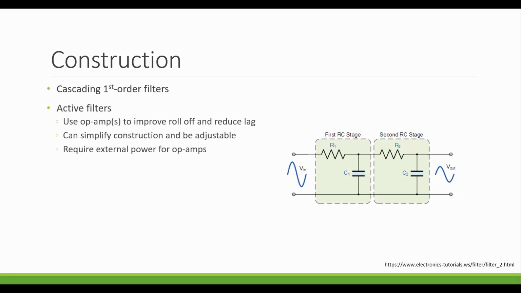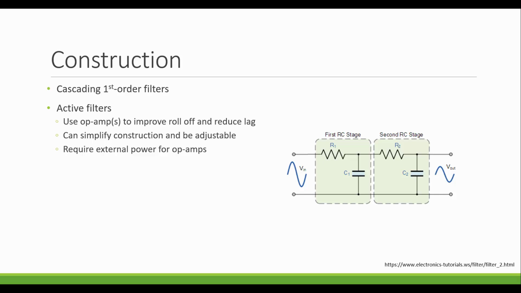One thing we can do instead of using these passive filters to combat this trade-off is to use an active filter. An active filter uses op-amps and different types of construction to improve that roll-off, but also reduce the lag that we're introducing into our signal depending on their construction. So one active filter that's common is the Butterworth filter, and we can have different orders of Butterworth filter as well.